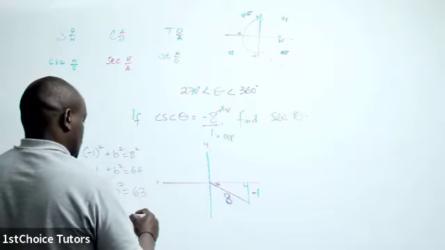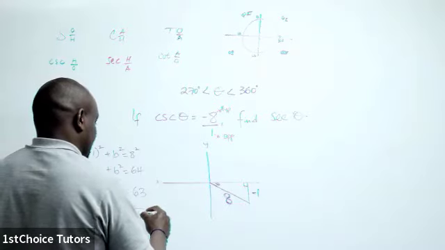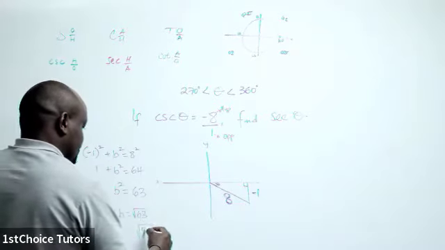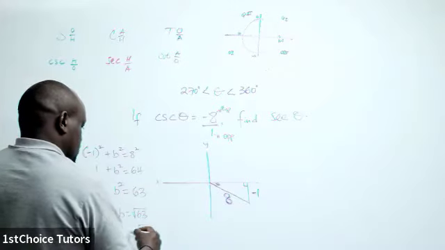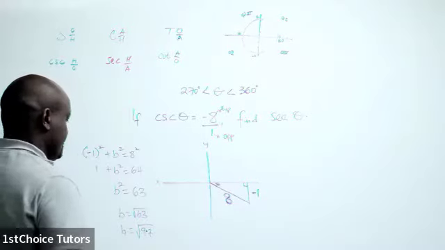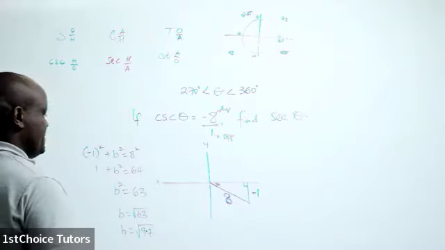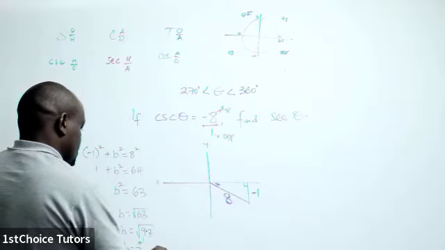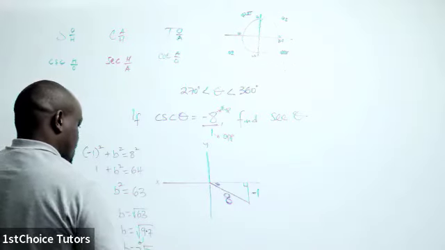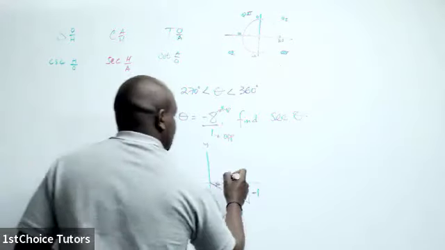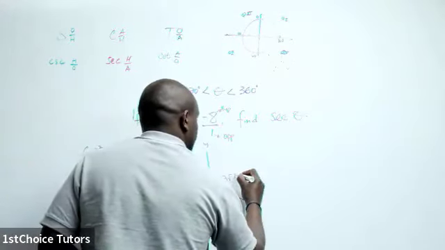Square root 63 would be the adjacent. But that can be simplified, right? 63 breaks down to 9 times 7, and 9 has a square root. What's the square root of 9? 3. So 3 goes out. So b equals 3 root 7. So the missing side here is 3 root 7.